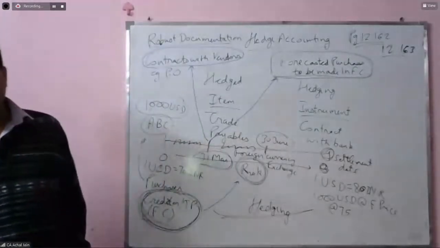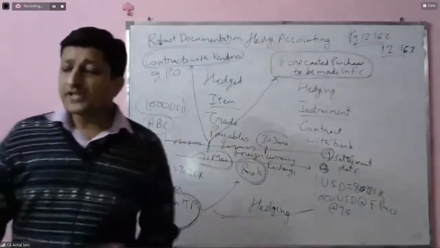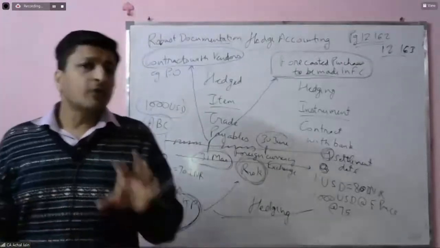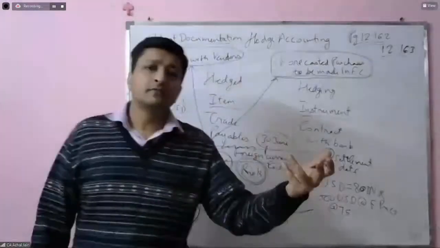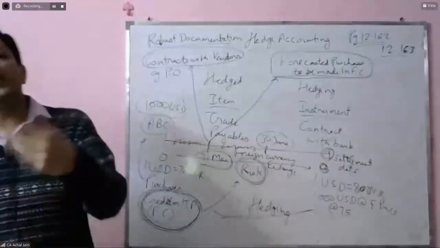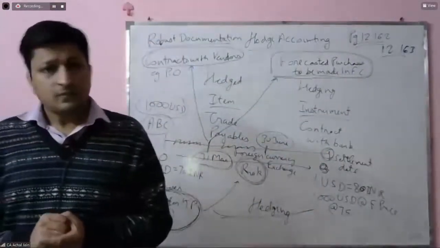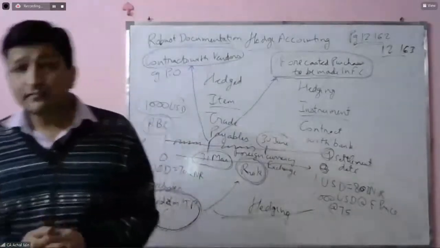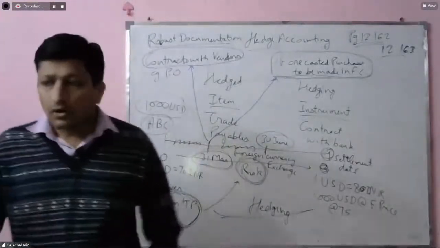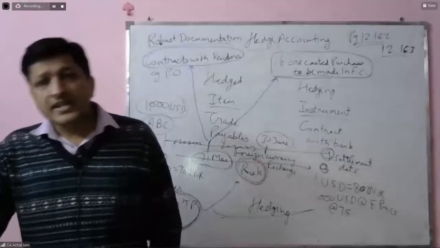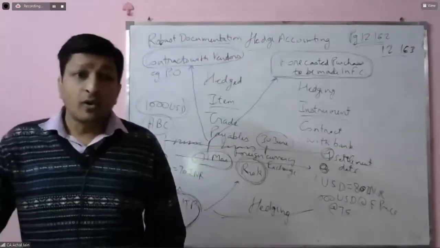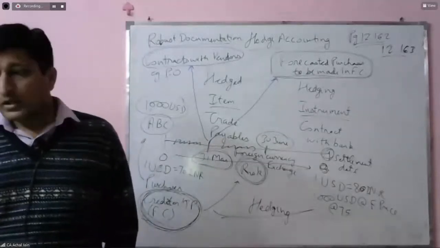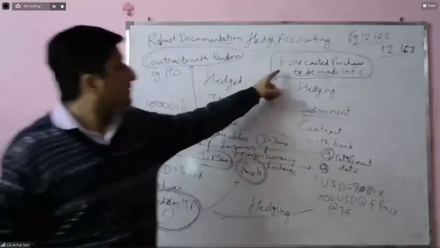Moving on to cash flow hedge. What is a cash flow hedge? It's a hedge of exposure to variability in cash flows. Now we are not looking at the variability of fair value. Now we are looking at the variability of cash flows that is attributable to a particular risk associated with all or a component of a recognized asset or liability, such as all or some future interest payments on variable debt or highly probable forecast transaction.